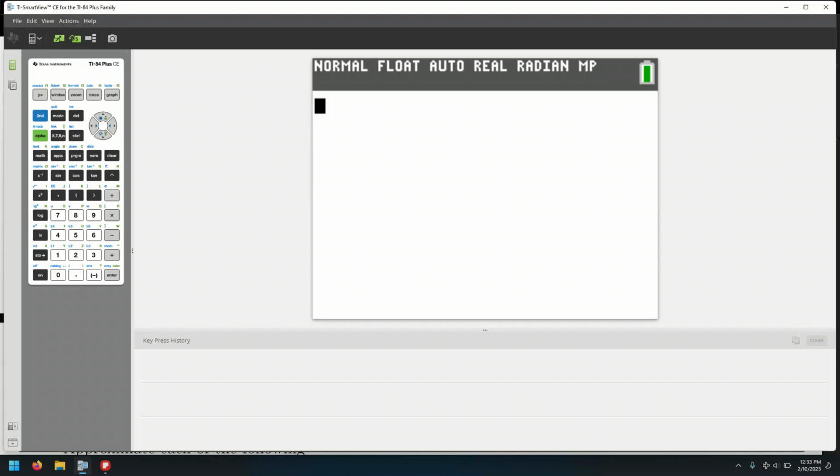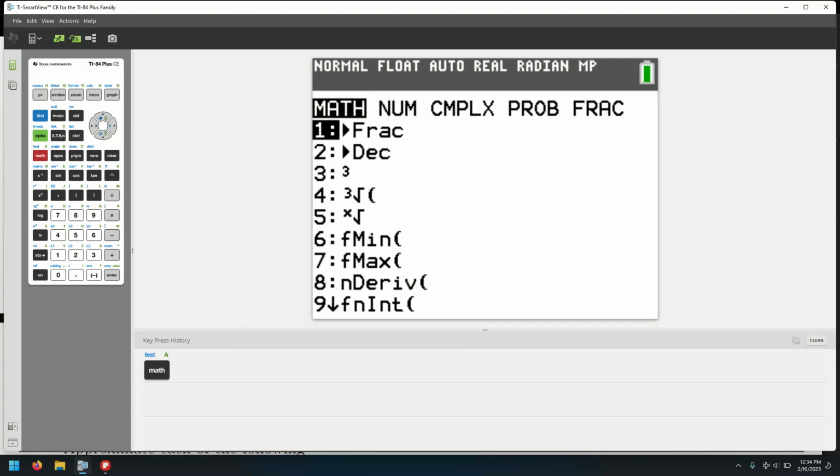However, what if we wanted to evaluate, say, logarithm base 7 of 5? Well, some calculators cannot do it. Actually, the newer calculators can. So if you have some of the newest models of this graphing calculator, in this case that's the CE, the Color Edition Plus, all you do is go to Math.